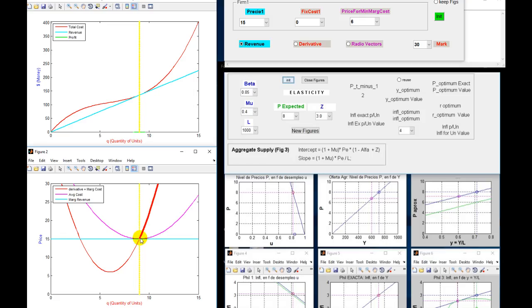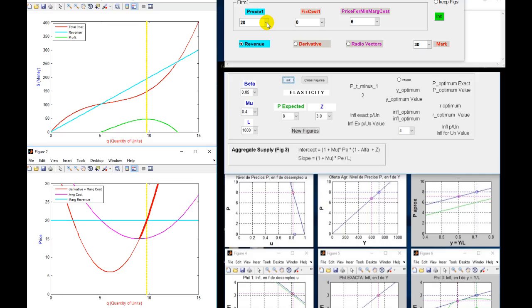And now if the price is 20, then it starts to earn this money that we can see here, and then this point is one point of the supply curve, meaning that if the price is 20, the quantity supplied is going to be this, because this is the one that maximizes the profit.